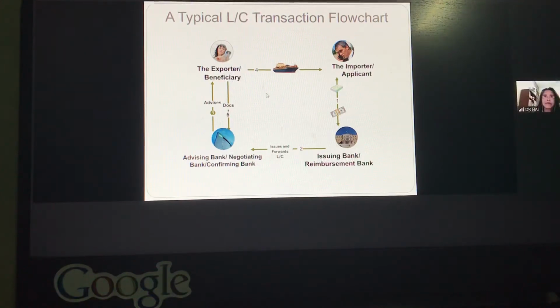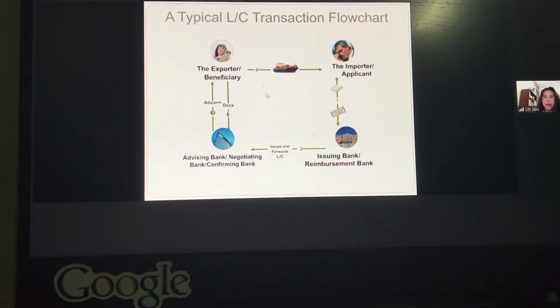If the exporter wants to sell the goods to another buyer, right? Yes. Of course, the content of the documents needs to be based on the information of the new buyer.